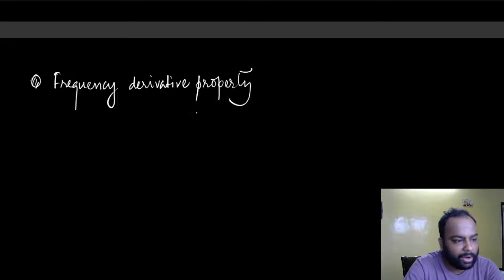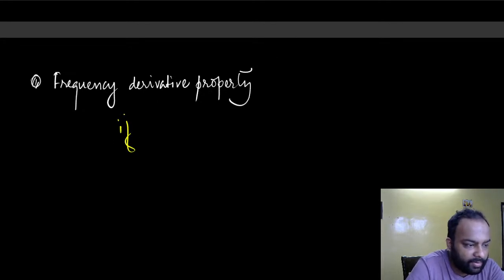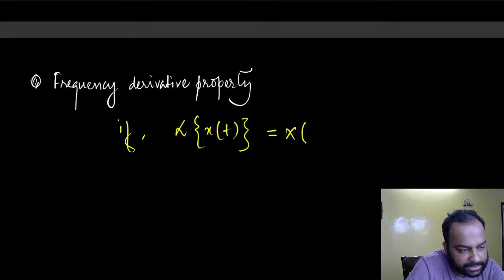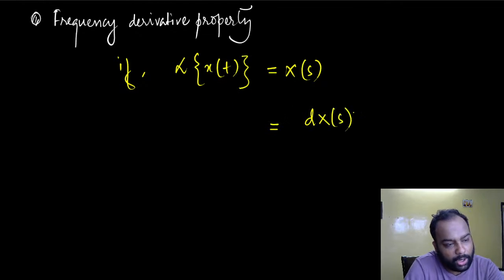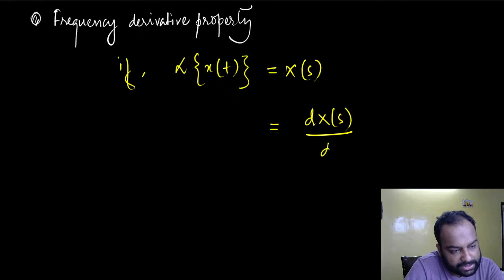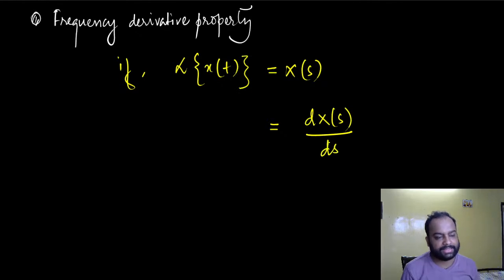Essentially, we have the same setting: if the Laplace transform of x(t) is X(s), then we are looking for the signal whose Laplace transform is this frequency derivative, dX(s)/ds. So we are looking for this.